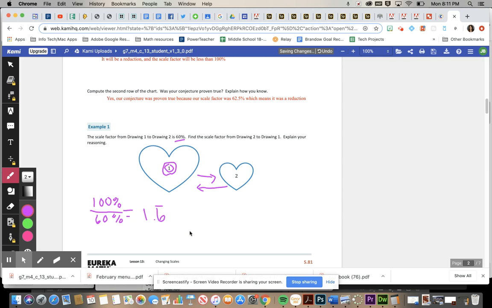And if I wanted to change that to a percent, because it wants us to find the scale factor from drawing 2 to drawing 1, and we've been doing the scale factor in percent, I'll move it over 2 places. And remember, this is repeating.